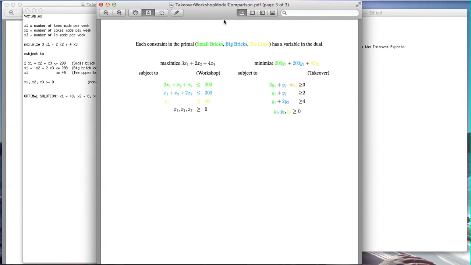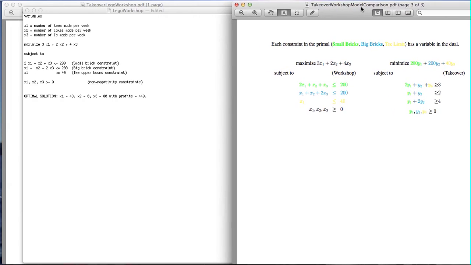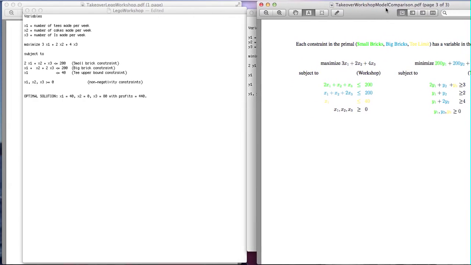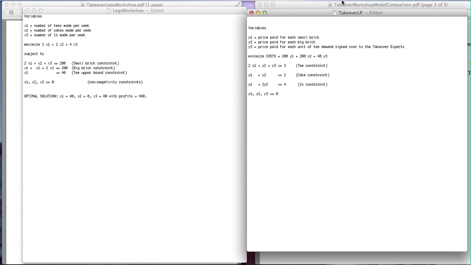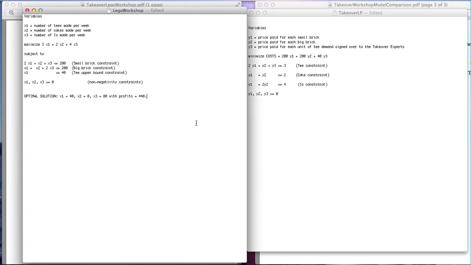To wrap up, I want to introduce a couple of concepts of why the dual problem to a linear program is a powerful concept. So we'll bring up the takeover LP and the Lego workshop LP. What I've listed in the Lego workshop LP is the optimal solution to the problem.